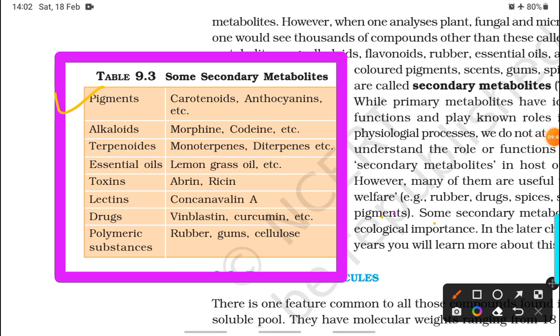Pigments: carotenoids, anthocyanins, etc. Alkaloids: morphine, codeine, etc. Terpenoids: monoterpenes, diterpenes, etc. Essential oils: lemongrass oil, etc. Toxins: abrin and ricin, lectins. Drugs: vinblastine, curcumin. Polymeric substances: rubber, gums, cellulose.